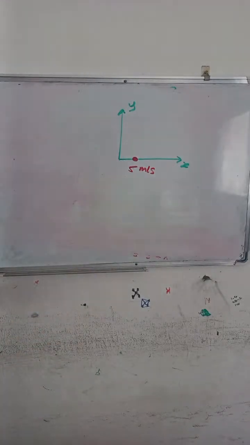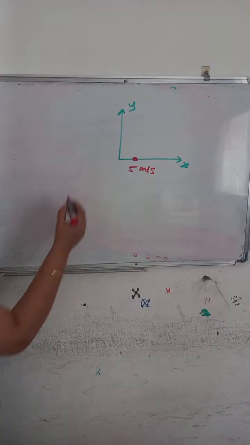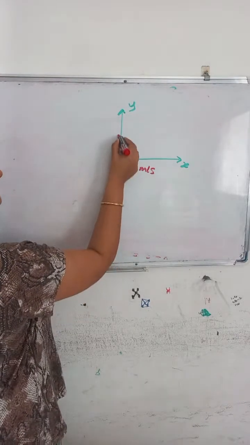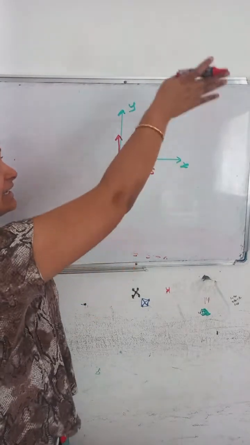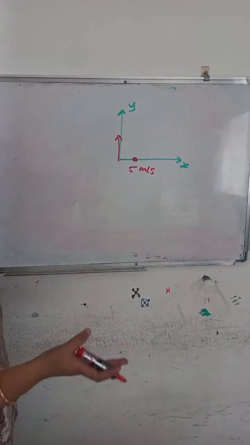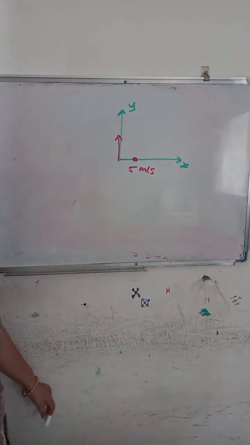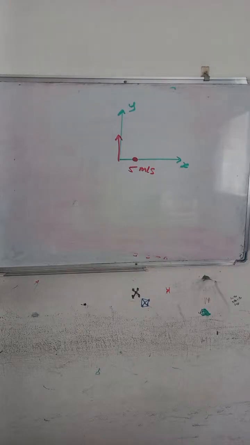The force of 5 Newton is acting along the y direction, but the movement is in the x direction. So the resultant work done is equal to 0. No need of calculation, use your brain, apply logic. The answer is D, that is 0 work done. Understood?